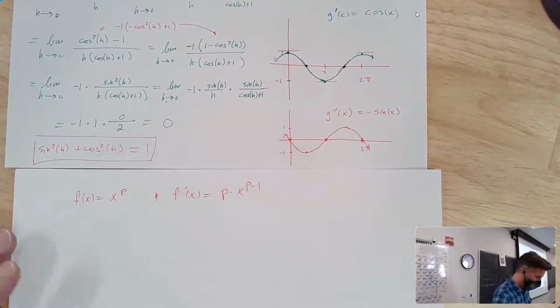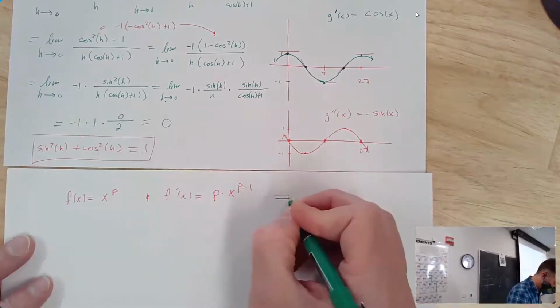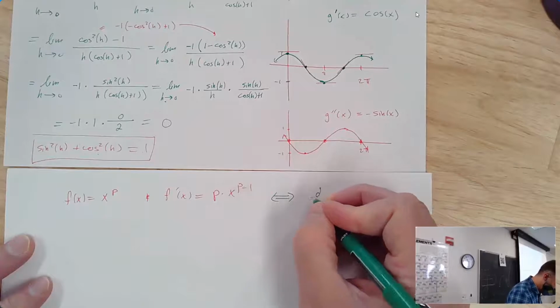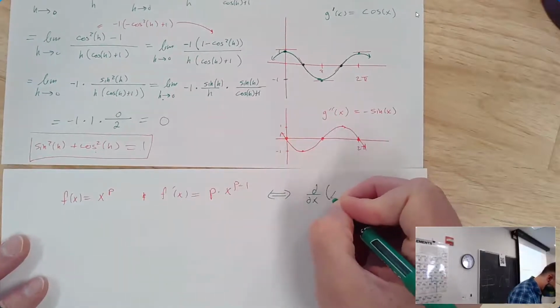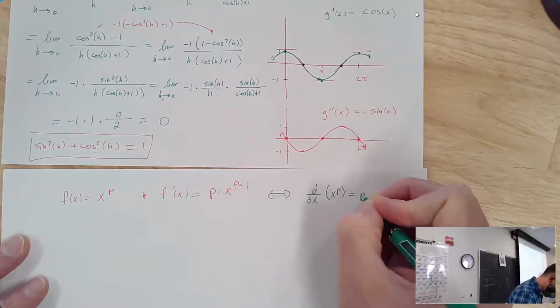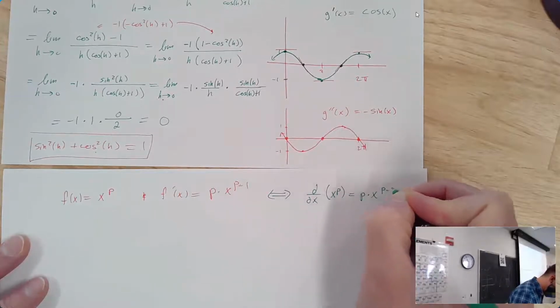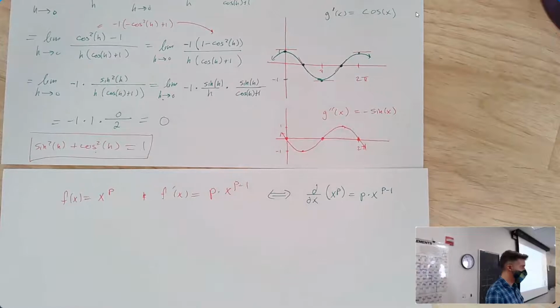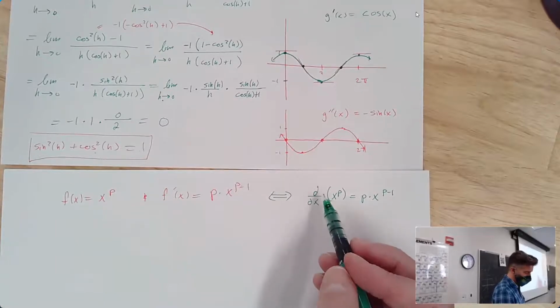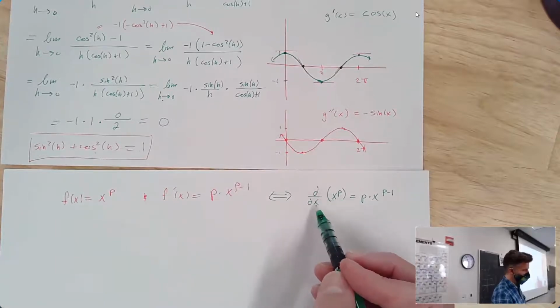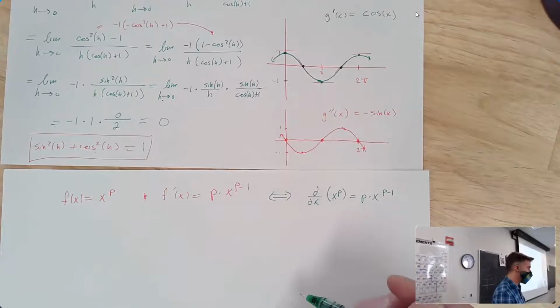But an alternative way of writing this is the derivative d dx of x to the p equals p times x to the p minus 1. Means the same thing, just different notation. This is called the Leibniz notation. I'm writing the derivative of my function with respect to x is equal to that. And you'll see both for sure.